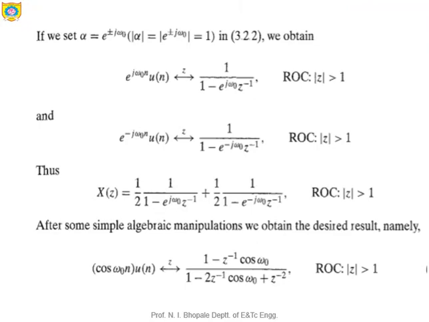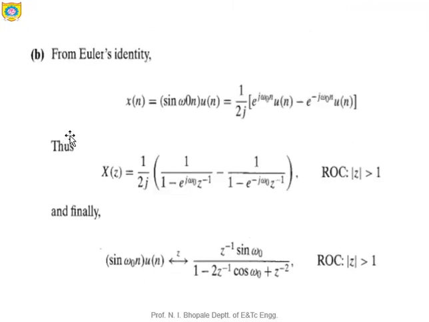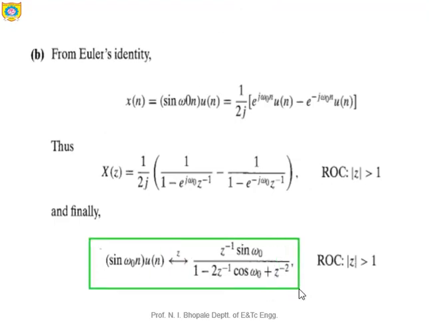Now let's see the Euler's identity application for the second case. When we apply it for sine omega 0 n u of n, it will result in this particular quantity. So again mod z is greater than 1.